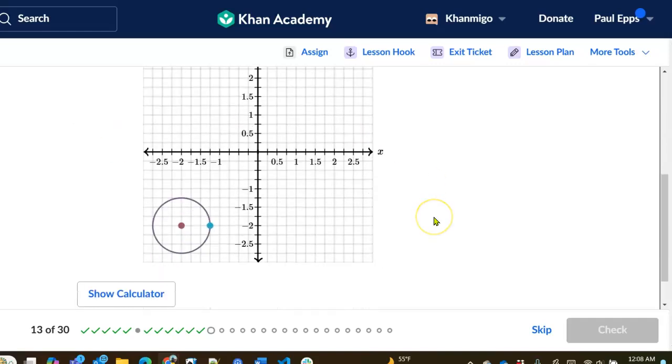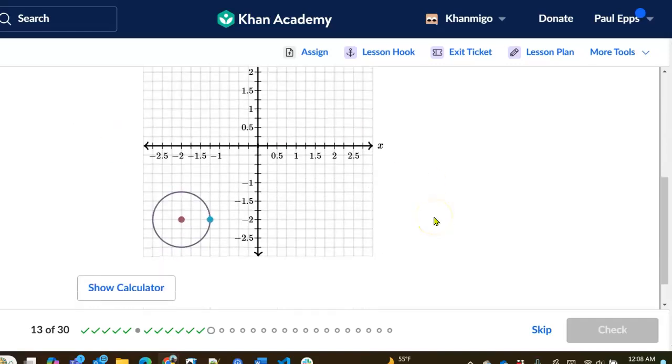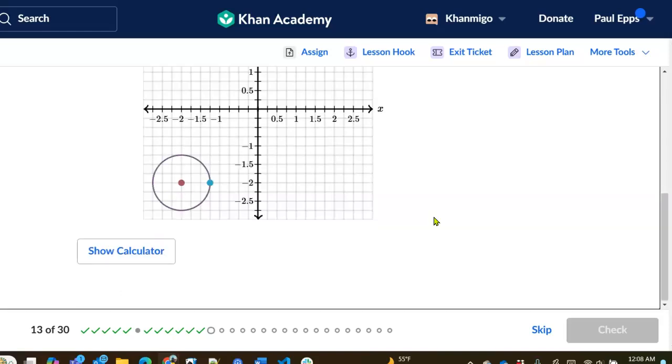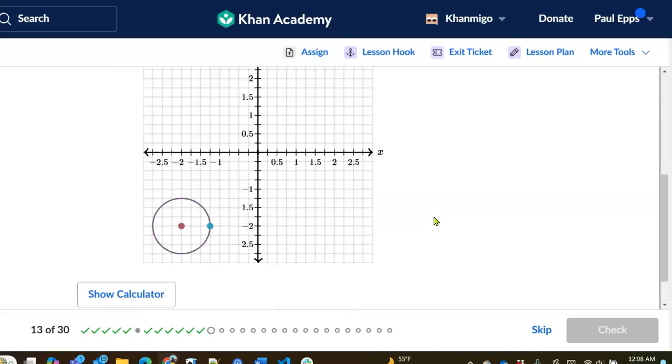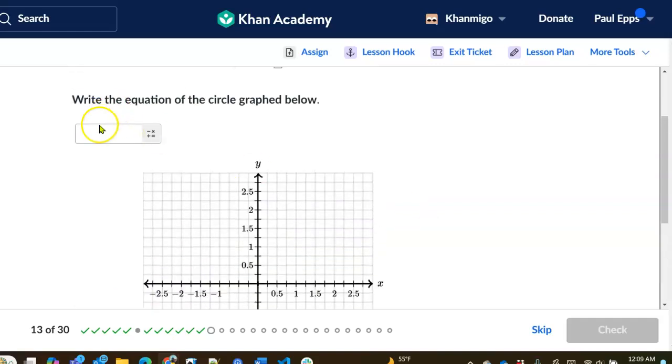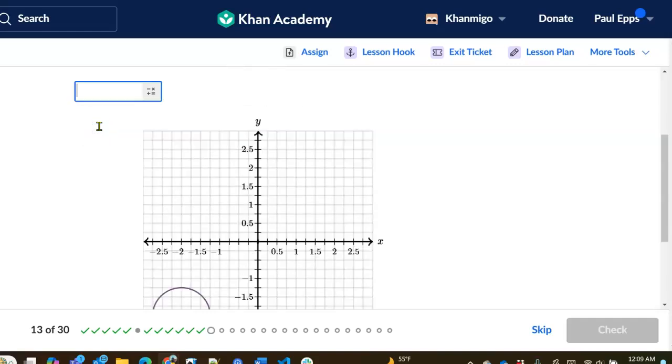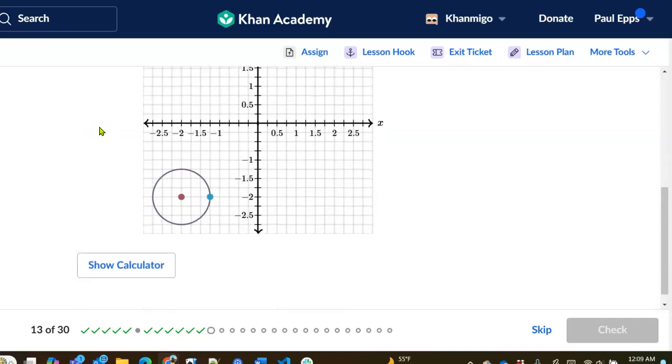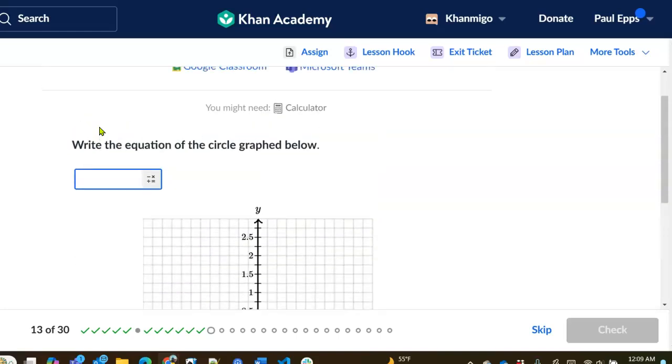Write the equation of the circle, which is graphed below. All right. Okay. Yeah, we can do that. So is it -2, -2? That's where the center is, right?